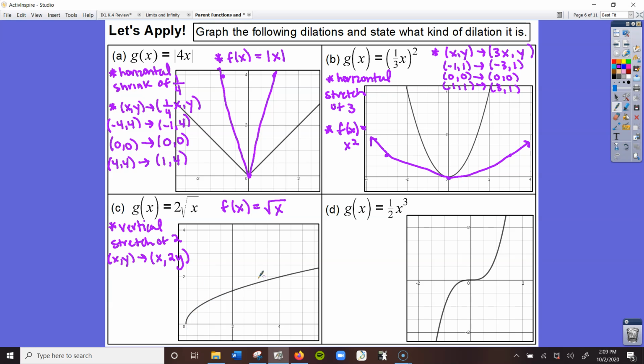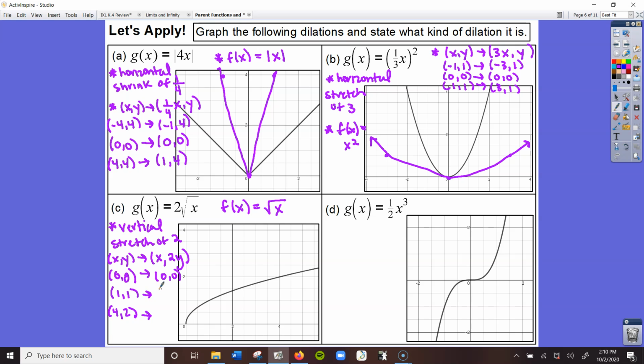The reference points for the radical function starts at 0, 0. Then we have 1, 1. And finally 4, 2. And these are the points that I'm going to plug in. When I plug in 0, 0, my point is still 0, 0.